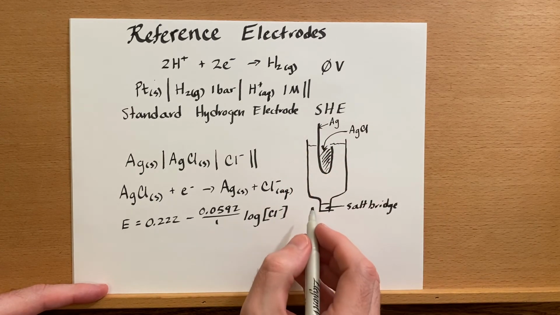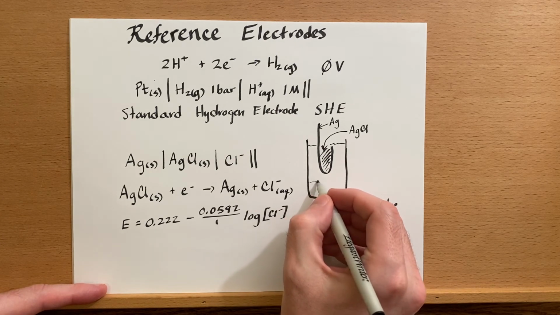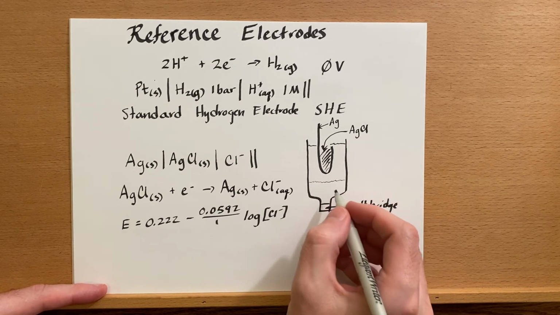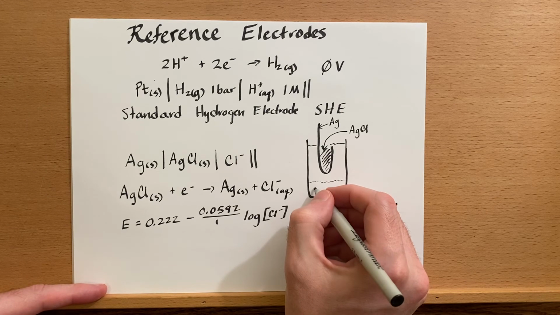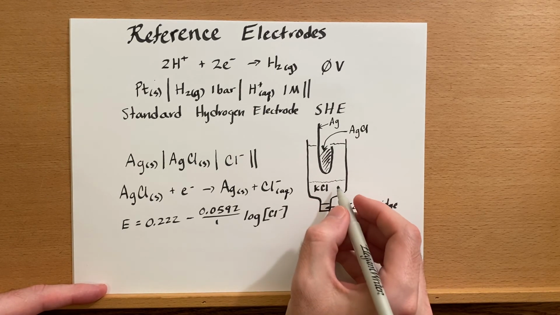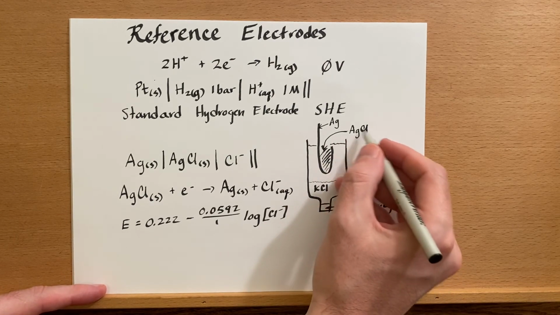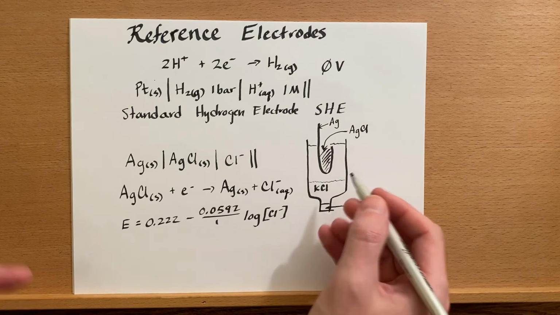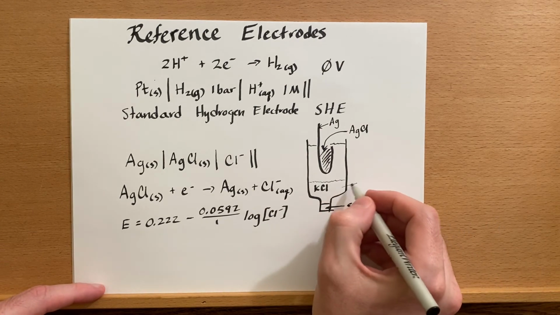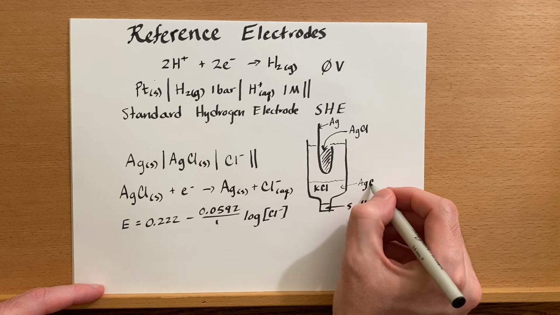Now, how are we going to keep the concentration of chloride the same? Well, down here, we're going to put a whole bunch of potassium chloride. And there'll probably be some silver chloride down here too, just because there's some up here and it might fall down. It doesn't really matter, but we'll have a little bit of silver chloride down here too.